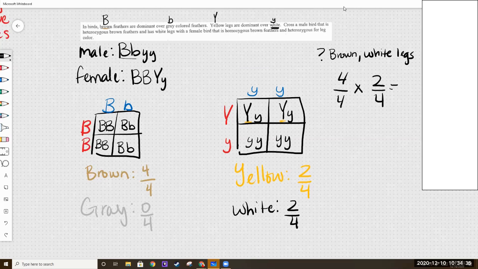So in order to figure out how many in total will have brown and white legs, we multiply. So 4 times 2 is 8. 4 times 4, 16. So 8 over 16 can also be reduced to 1/2. So half of the kids that they have will be brown with white legs, or should be, okay?